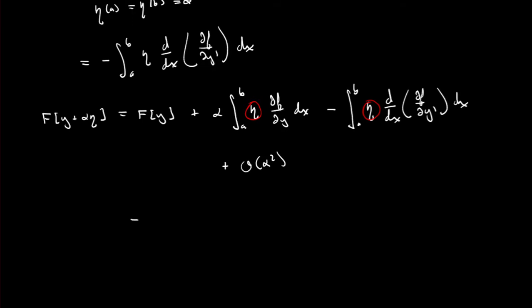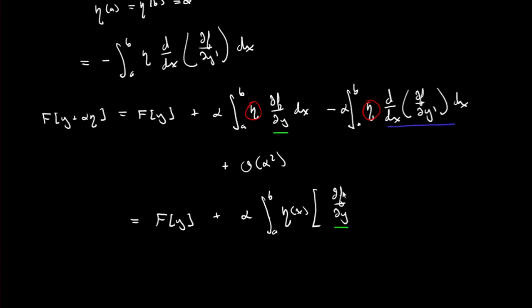And this then becomes F of y plus alpha, and of course I forgot my alpha here as well, integral from a to b of eta, and this is eta as a function of x, times df/dy, and that came from here, but we're just collecting what's in the other integrand over here.